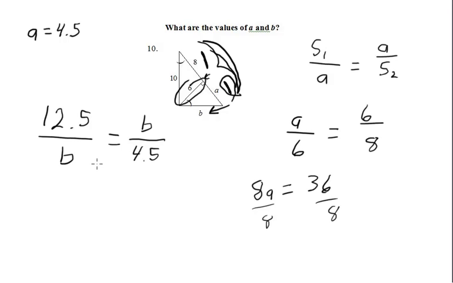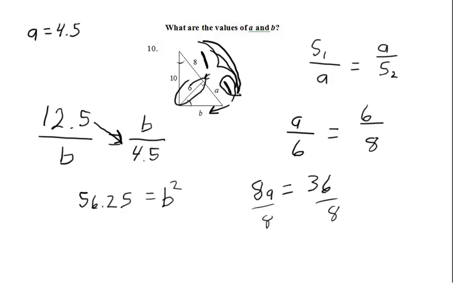So 12.5 times 4.5 equals. So when we cross multiply, it gives me 56.25 equals b squared.